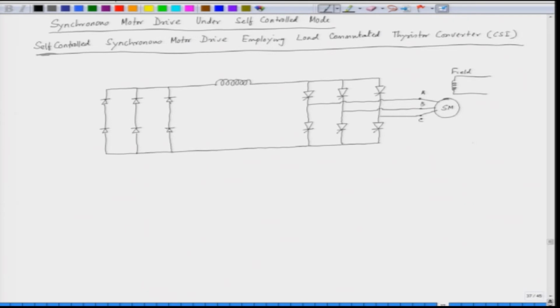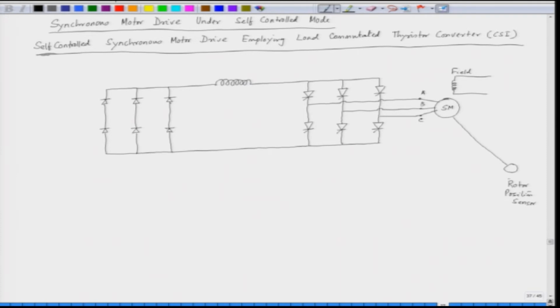Now, the synchronous motor is connected to a position sensor, a rotor position sensor, which will give us the position as well as the frequency of the rotor.